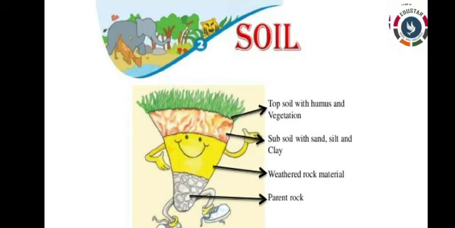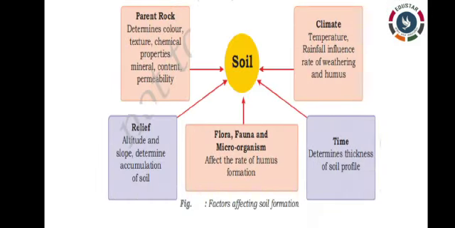Soil is a thin layer which covers the surface of the earth. And there are various factors which affect the formation of soil. Let's see those factors in detail. First is parent rock. Parent rock determines color, texture, chemical properties and mineral content. Next is relief.